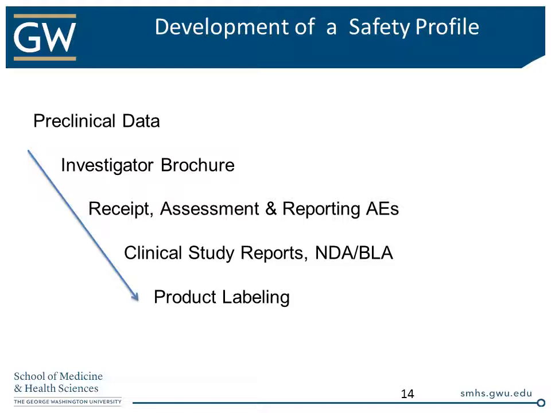The preclinical and clinical safety risk information inform ongoing safety risk assessments, which are part of the go-no-go decision-making as the product moves through the development continuum. Preclinical data are the first safety data generated to initiate Phase 1 trials.